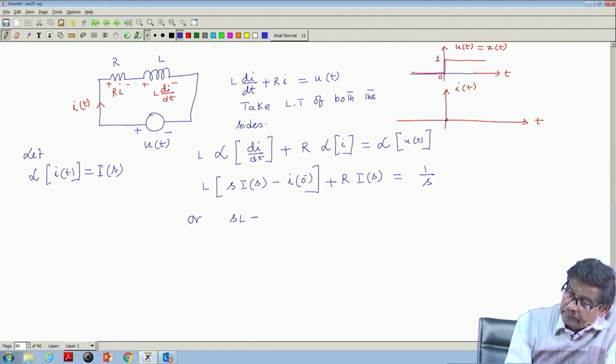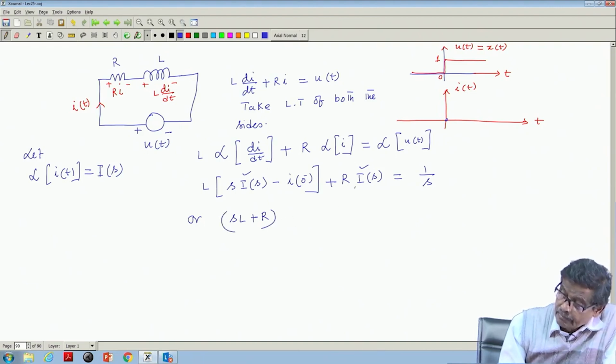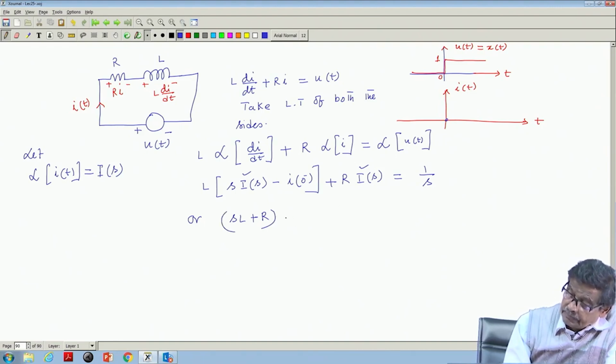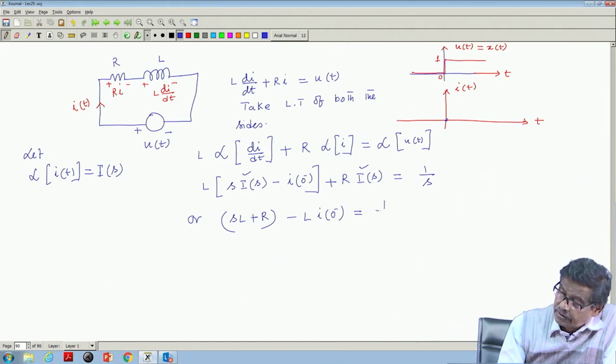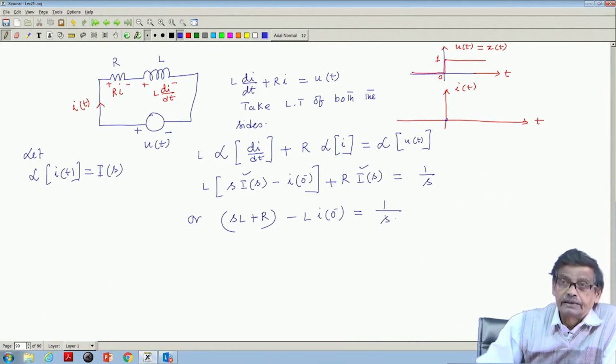So, this is the thing, or I can say that sL plus R, this term and this term you group together, into I(s), minus L i(0-) is equal to 1 over s here.